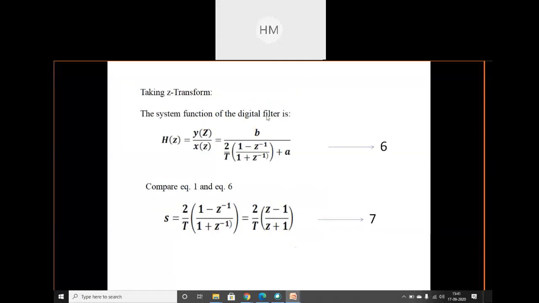Taking Z transform. Taking the Z transform, the system function of the digital filter is, see, you can simplify this. I have written directly. You take the Z transform of both the sides. You will get equation in terms of X(z) and Y(z).